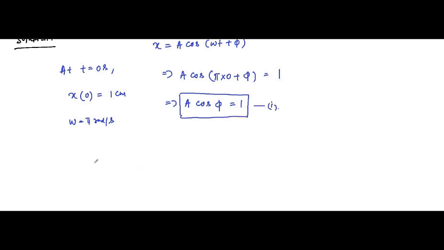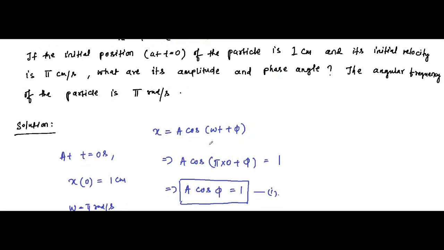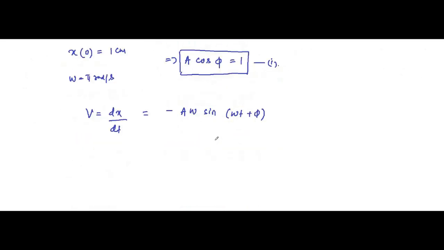Then velocity, we know, is the derivative of the displacement function with respect to time. So that is here equal to minus A omega sine omega t plus phi, according to the equation which is given. dx by dt is minus A omega sine omega t plus phi. It is given that the initial velocity at t equals 0 is pi centimeters per second.